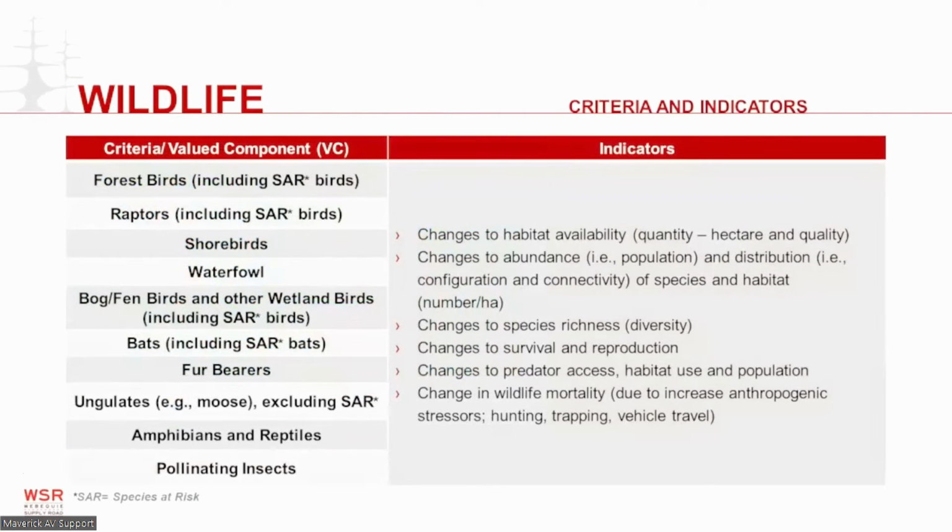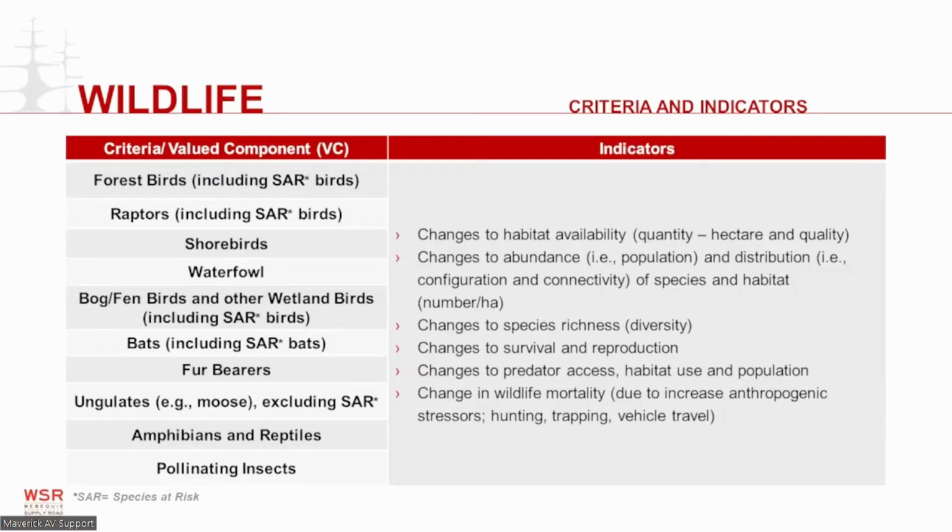So let's talk a little bit about wildlife again and some of the criteria or valued components associated with wildlife, just to give you a better understanding through examples. For wildlife, you might have forest birds, raptors, shorebirds or waterfowl, or bog and fen birds like muskeg birds and other wetland birds.